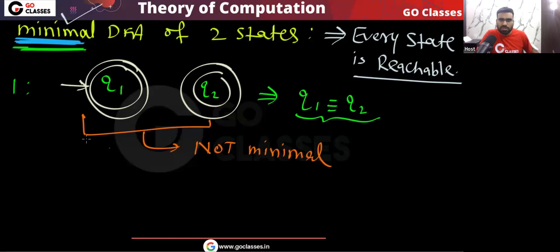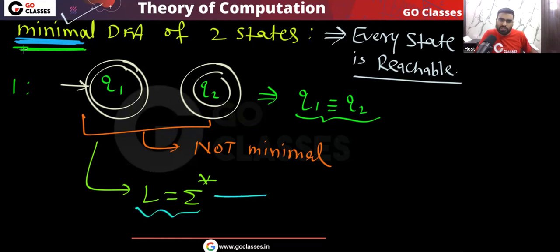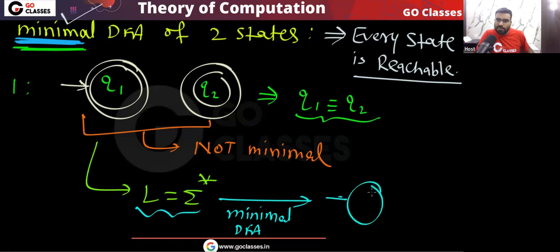Why is it not minimal? Because if all the states are final, then the language will be sigma star. And for sigma star, the minimal DFA has only one state.